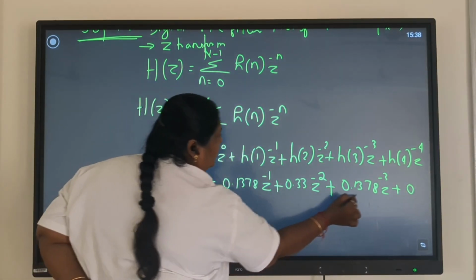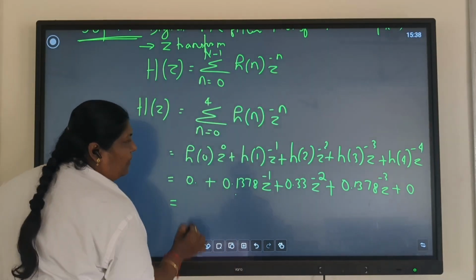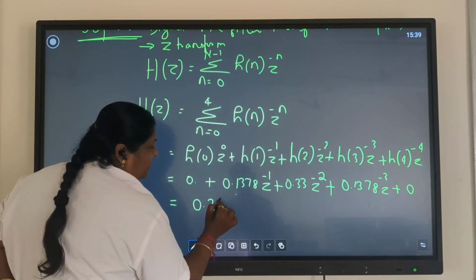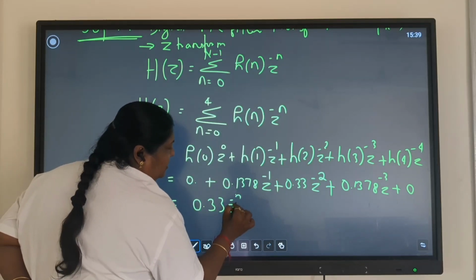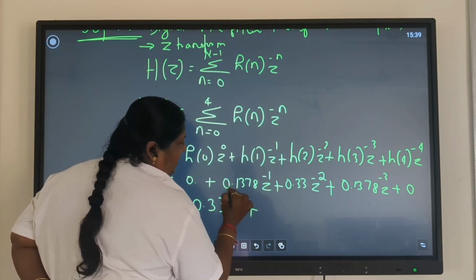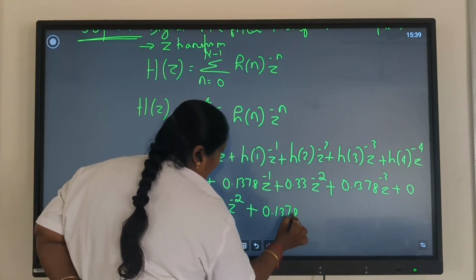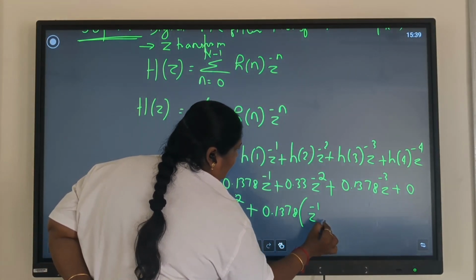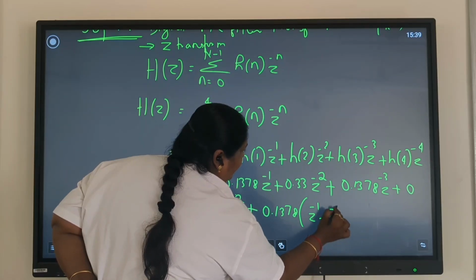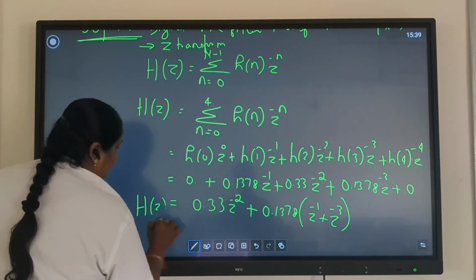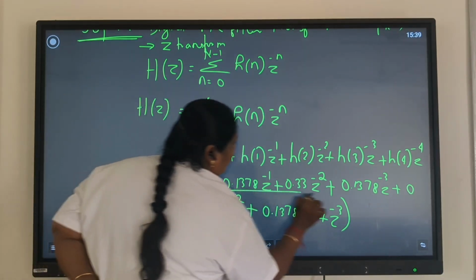Now if you see these two terms, the coefficient is common. So I can write like this. Center term first I am writing, 0.33 z power minus 2, plus commonly I can take the coefficient 0.1378 times z power minus 1 plus z power minus 3. Now this is my h of z equation.